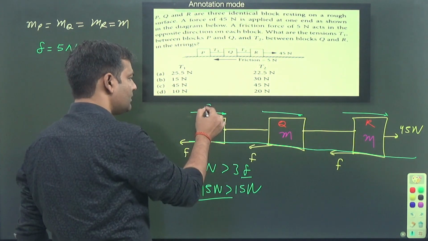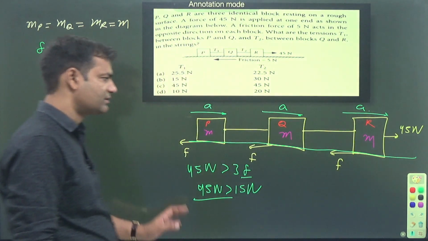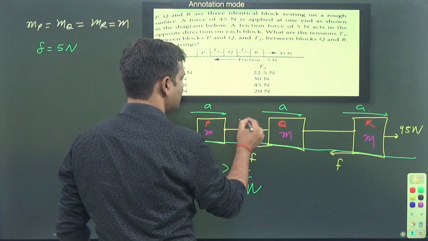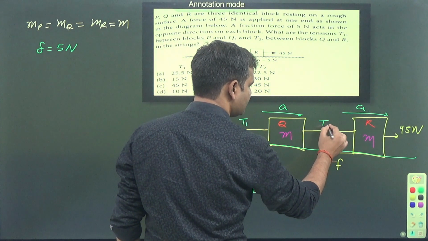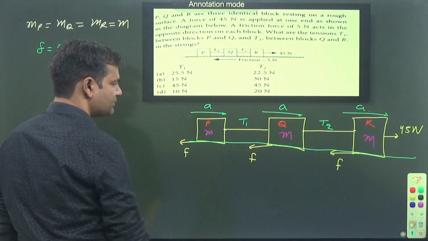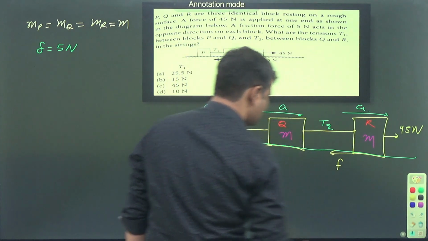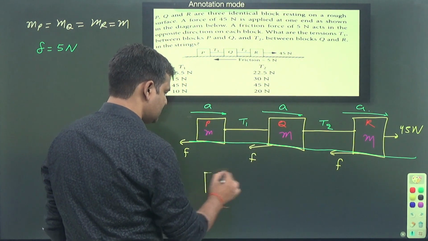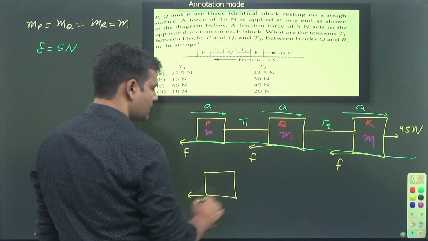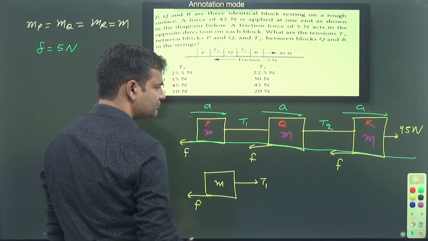How much acceleration? A, because the frictional forces are the same. And here tension T1 develops and here tension T2 develops. Clear or not? So we have discussed one by one. Now look, at this block: frictional force F, here tension T1, mass m.